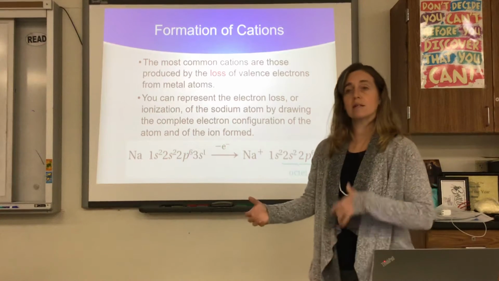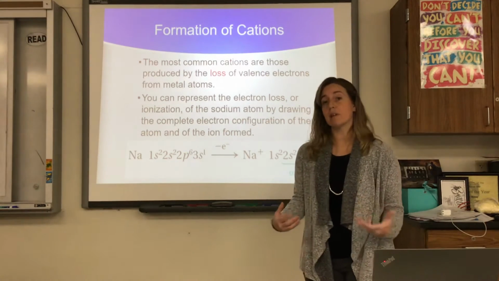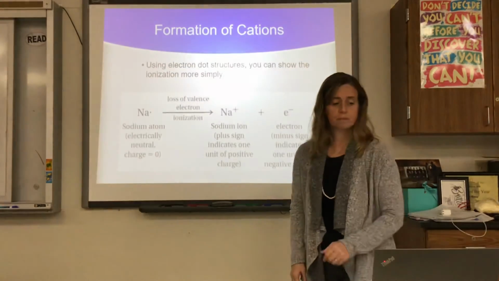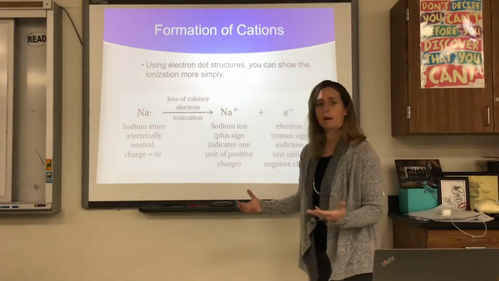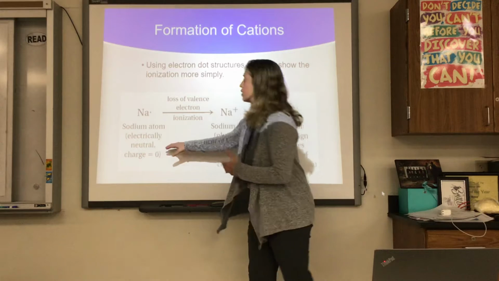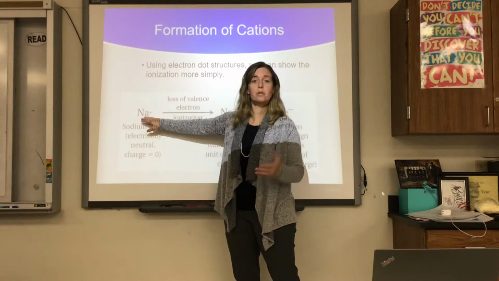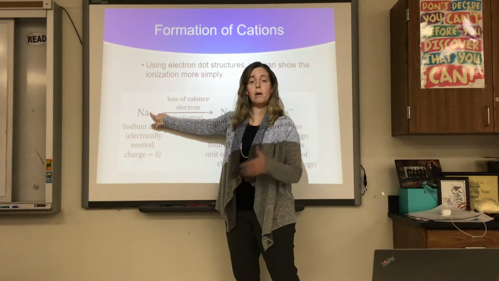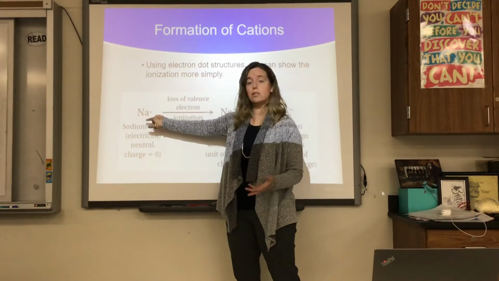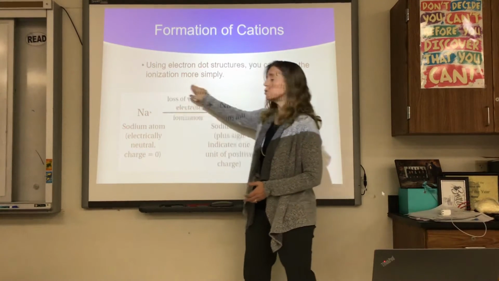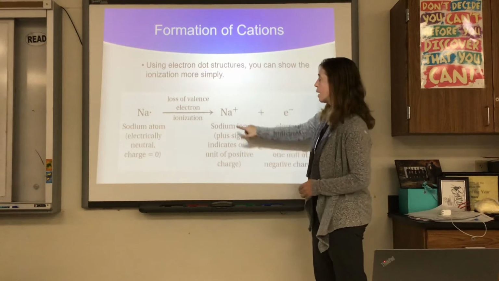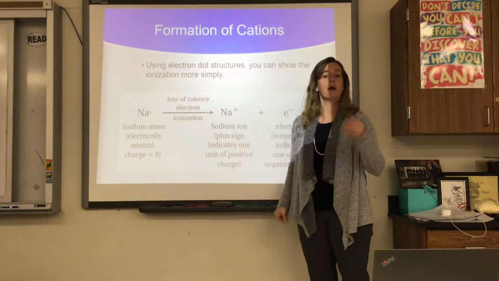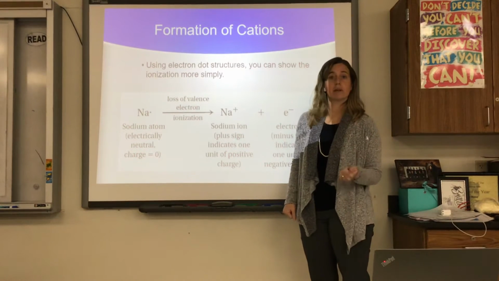So what's happening is, in order for these metals to gain stability, they're going to have to lose valence electrons. You have your Lewis dot structure, so you have sodium, and it's got this dot, 1 valence electron, and it's going to lose that valence electron. When you started out with the neutral atom, you had 11 protons and 11 electrons.